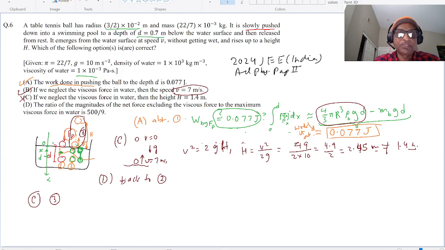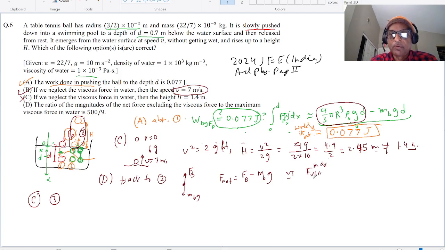So the net force on this is mbg and force of buoyancy. So the F net is F of buoyancy minus mbg, and compare that to the F viscosity max. Now, where will the viscosity be max?